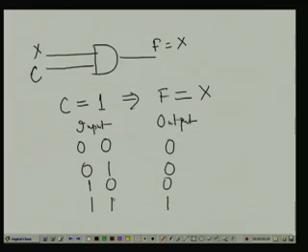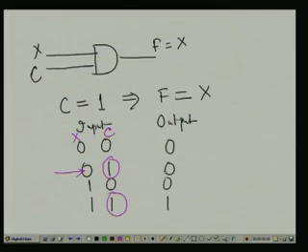See, if these two inputs, think of this as my x and this as my c. Now, when c is 1, see what value I give x.